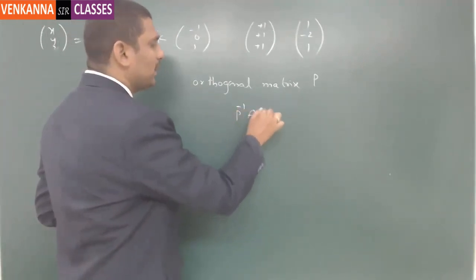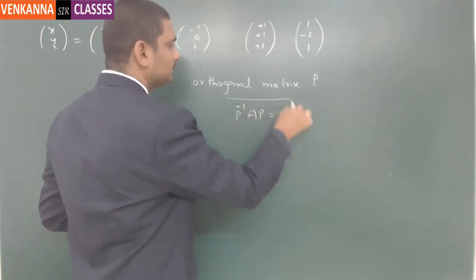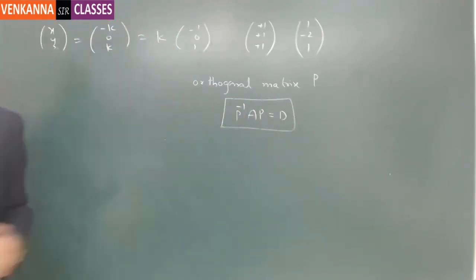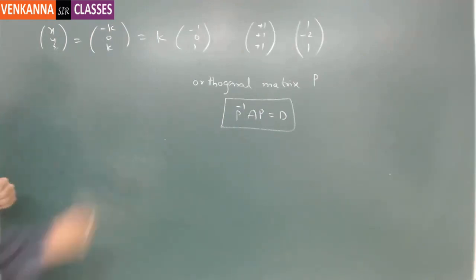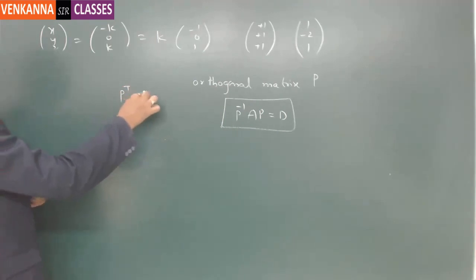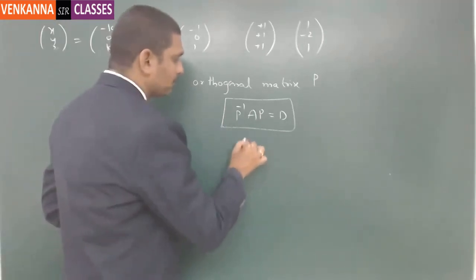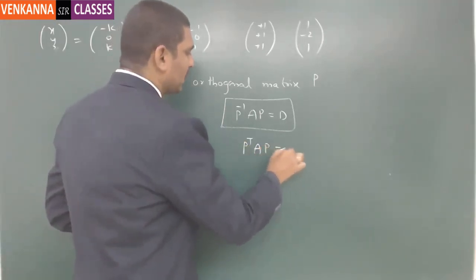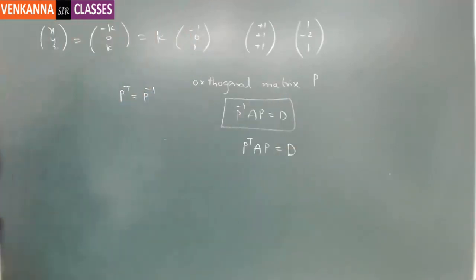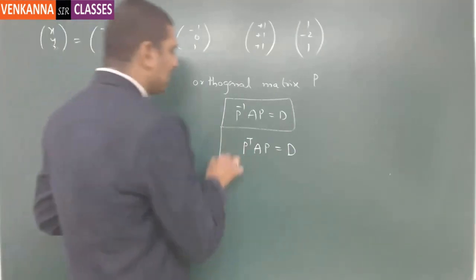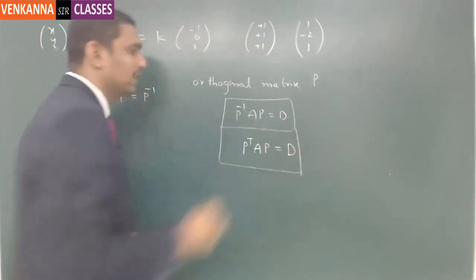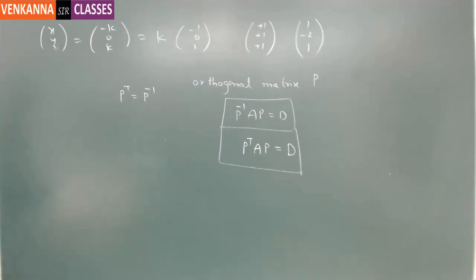P inverse AP equals D. Since P is an orthogonal matrix, P transpose is nothing but P inverse. So our resultant relation is P transpose AP equals D. This is our relation.